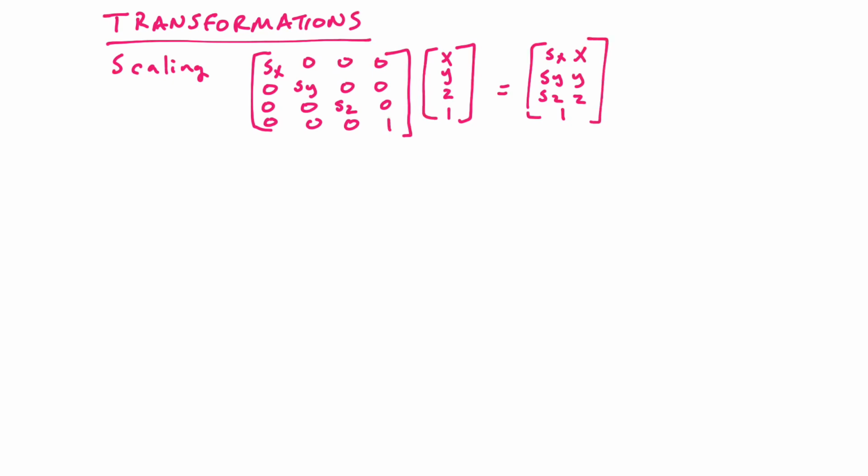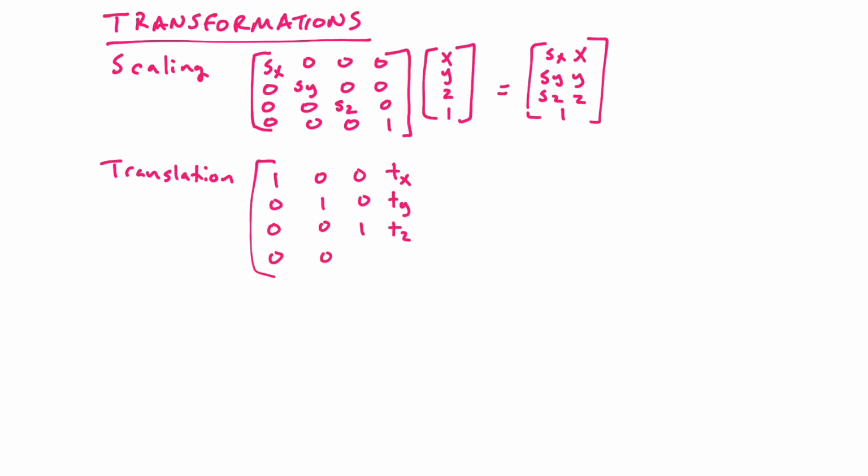Next, translation. So we want to move our point. So this one has the translation coordinate all the way on the farthermost column, and the identity matrix is the rotation part.